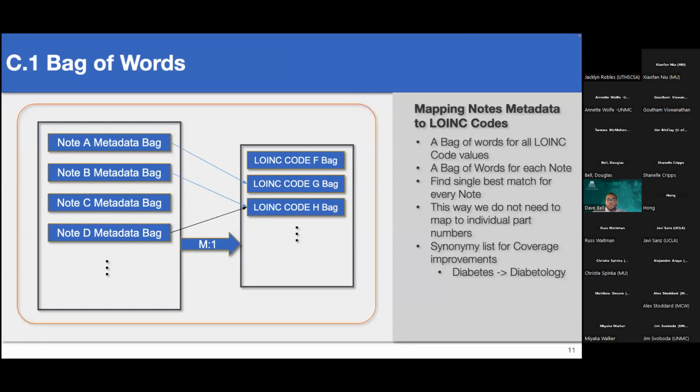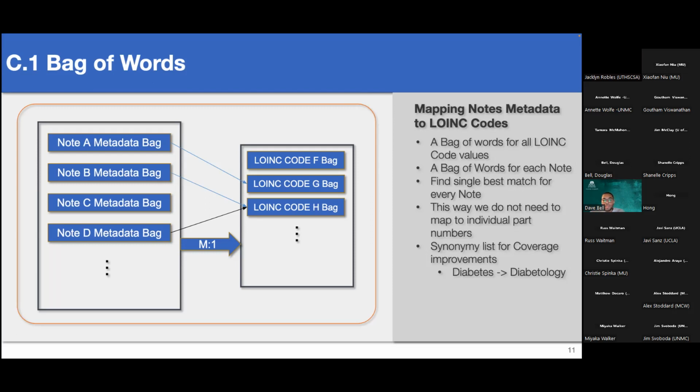So to map to the LOINC codes, what we use is what's called bag of words to compare our notes metadata to LOINC codes. Our note metadata forms one bag of words, while the individual parts of a LOINC code make up the other. As you can see on the right, those are different sets of bags of words for different LOINC codes, while on the left, we have the same thing, but for our notes metadata.